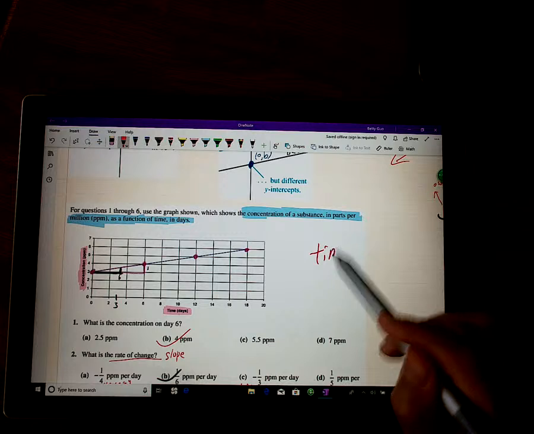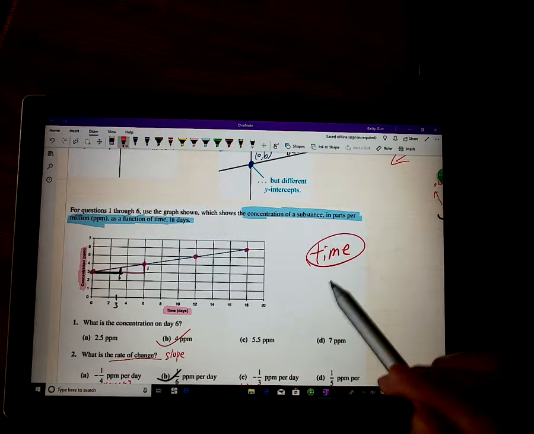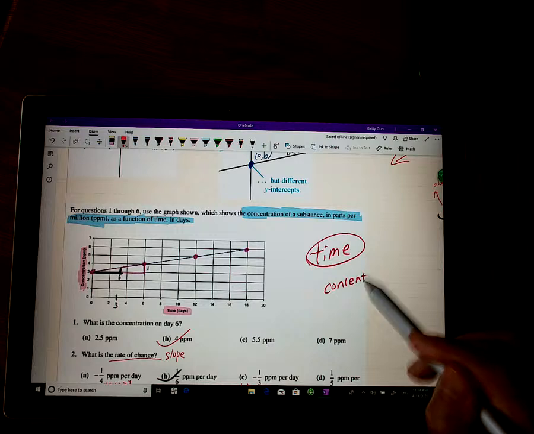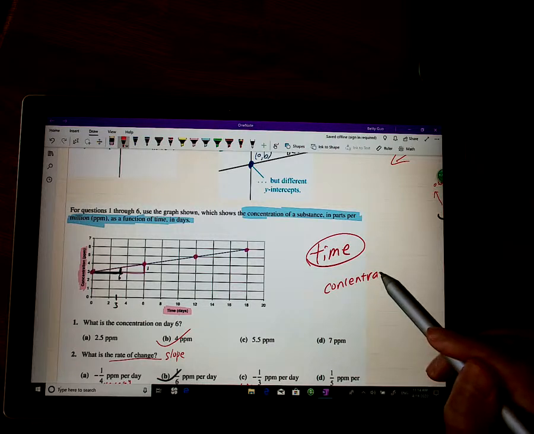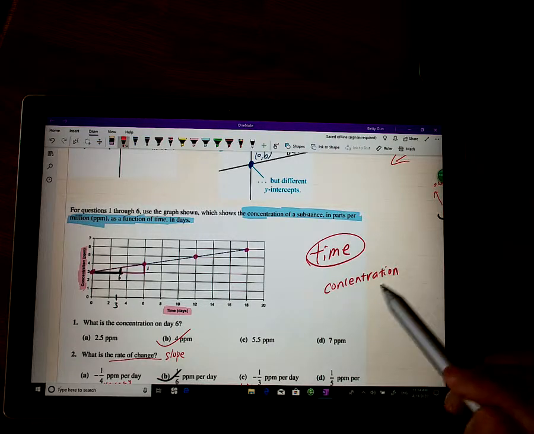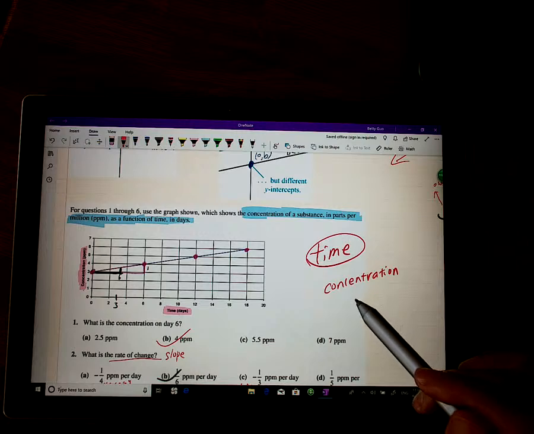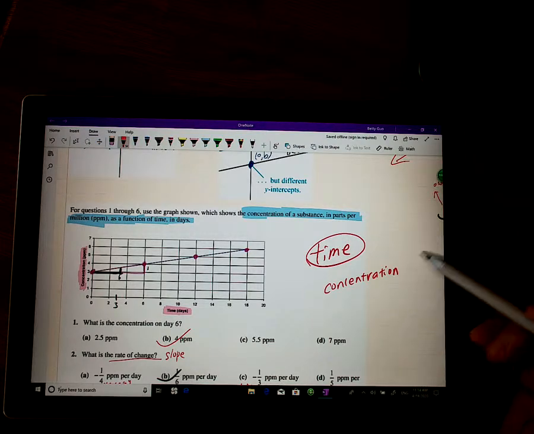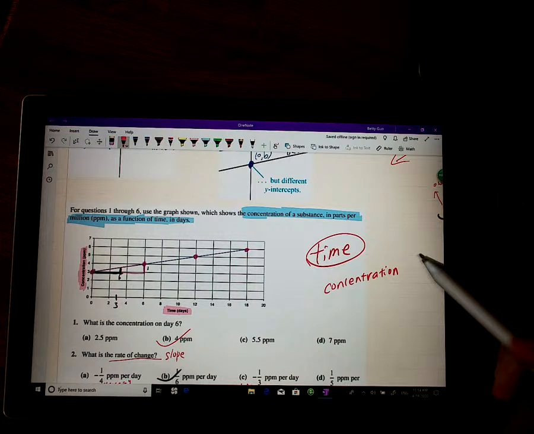One variable is time. The other variable is the concentration of a substance, maybe in your bloodstream, right? We had a similar problem in the previous section.